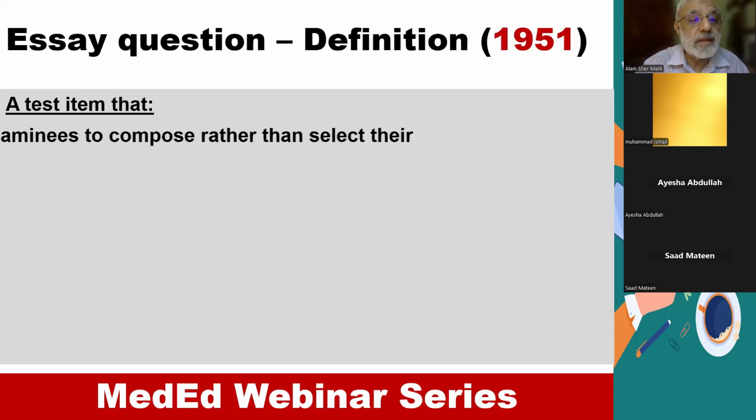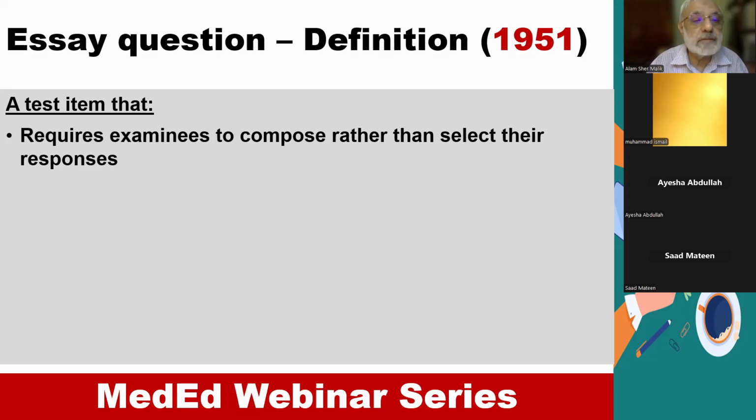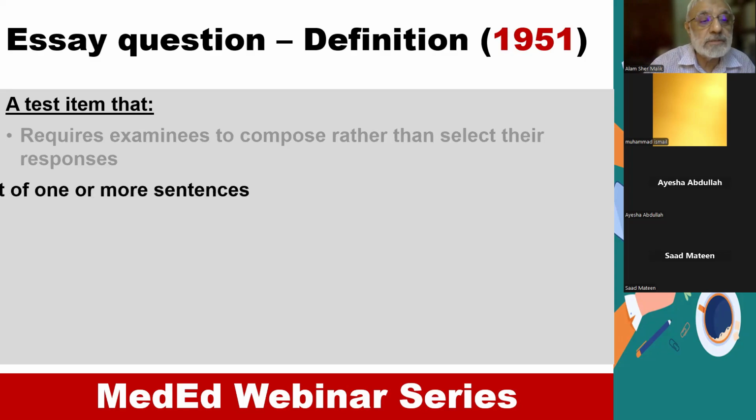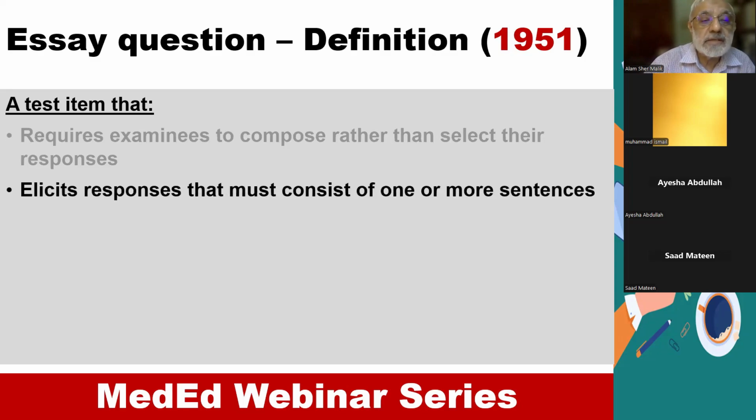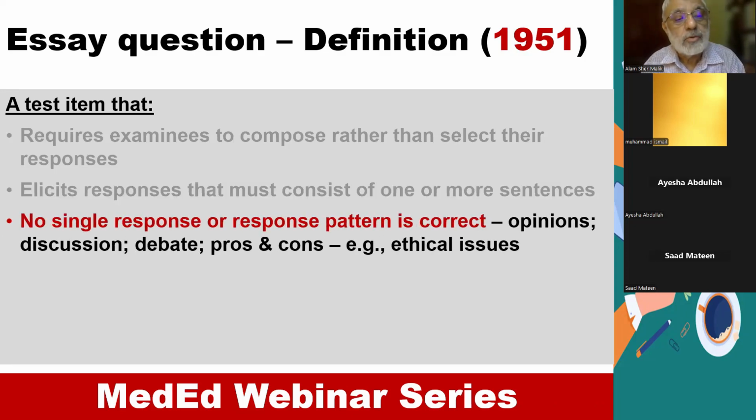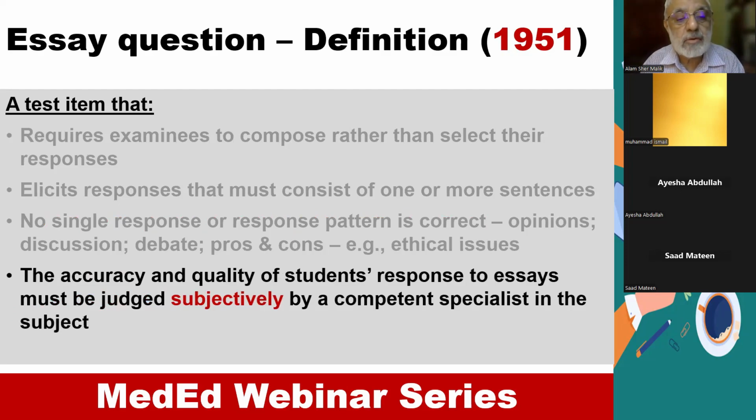If we further break this definition into different parts: requires examinees to compose rather than select their response; elicit responses that must consist of 1 or more sentences; no single response or response pattern is correct, means opinions, discussions, debate, pros and cons, ethical issues, etc.; the accuracy and quality of student response to essay must be judged subjectively by a competent specialist in the subject.